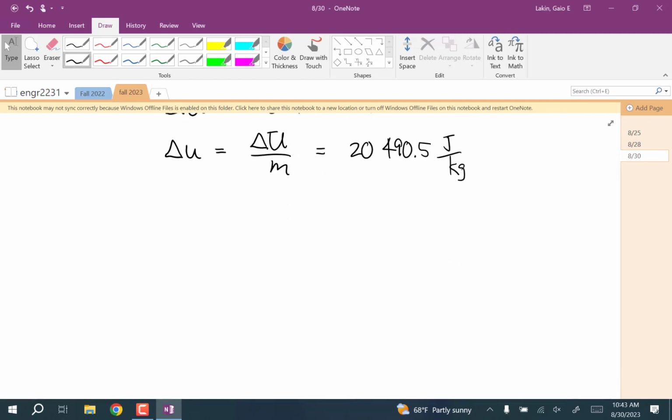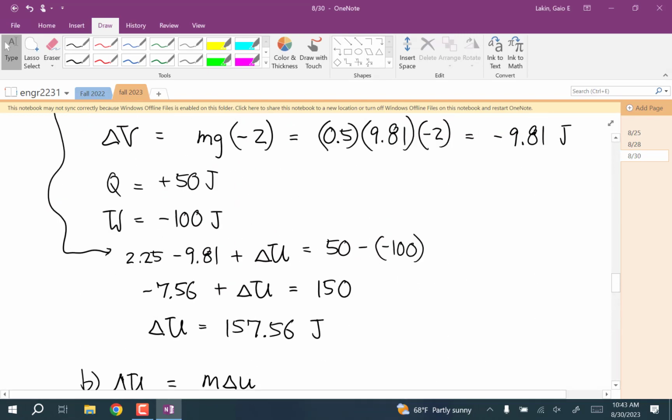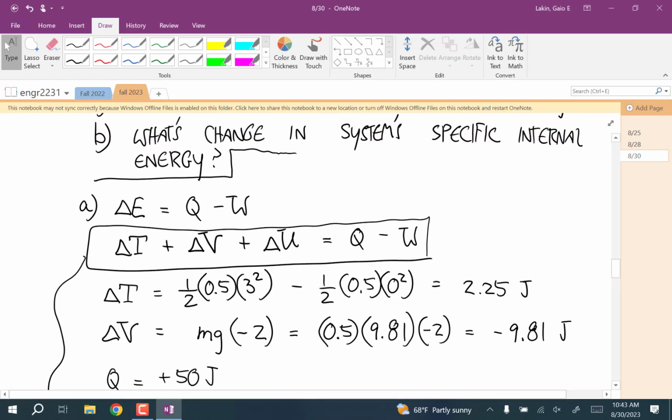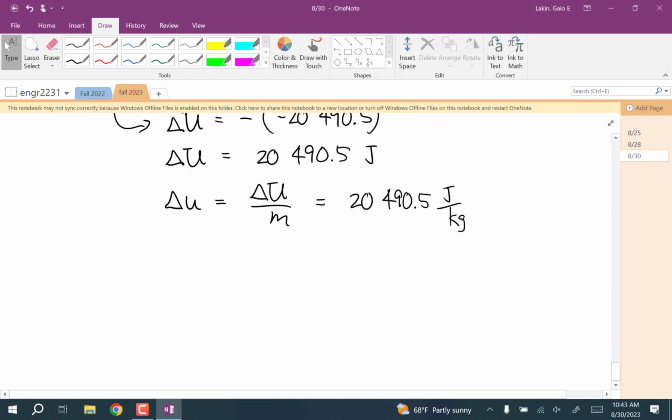All right, the next thing that we're going to do: this is the equation that we've been using for the first law, for a finite time interval. We can also write this in a differential form.